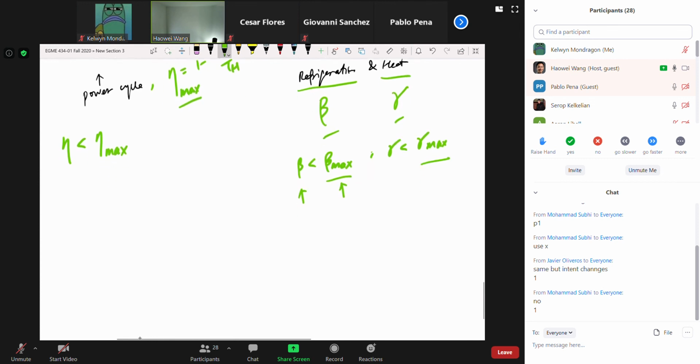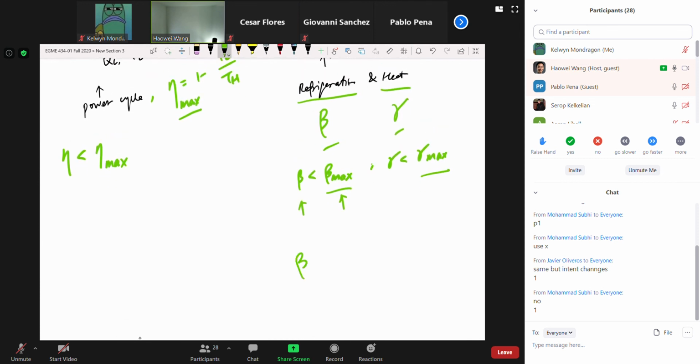If your comparison says your actual beta is even bigger than beta max, what does that say about your design? Impossible. Yes, very good. That tells you your design is wrong. What is wrong? It violates the second law. Very good. Just by checking those numbers, you can double check if your design violates the second law or not.